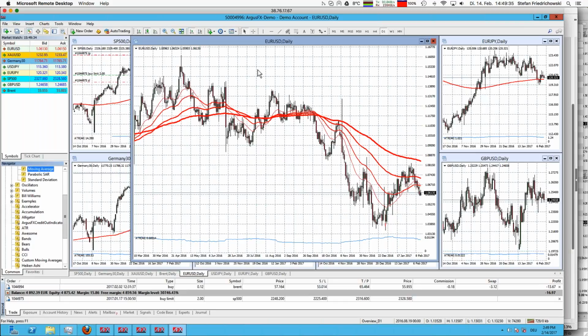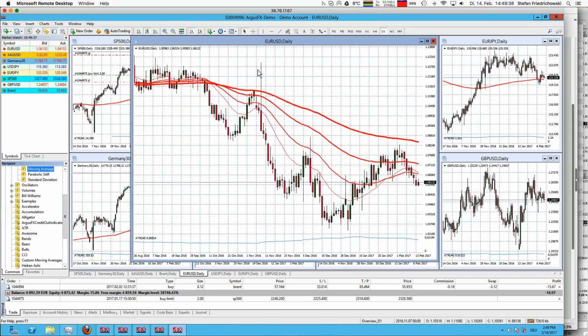Let me zoom a little bit into the chart here. You see first, in the beginning of September, we have a sideways movement for the euro-US dollar, and then we start a trend behavior to the south.